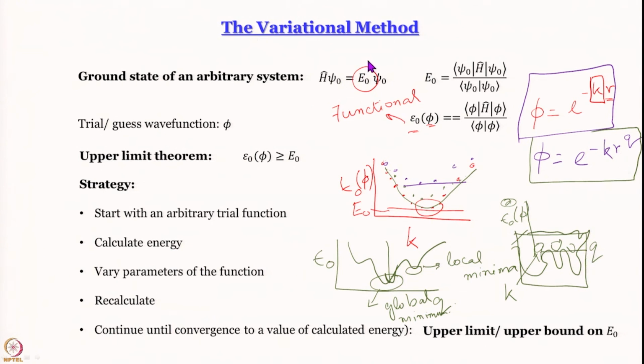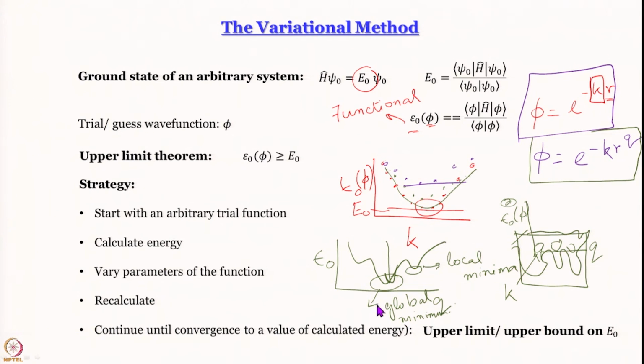Now you see where the name variation comes from, because you are varying the parameters that are associated with the wave function. So we vary them, and every time we vary, we calculate the epsilon 0 value, and we continue until we get the lowest value of epsilon 0, the upper bound to E0. Okay. This is in a nutshell what you do in the variational method.